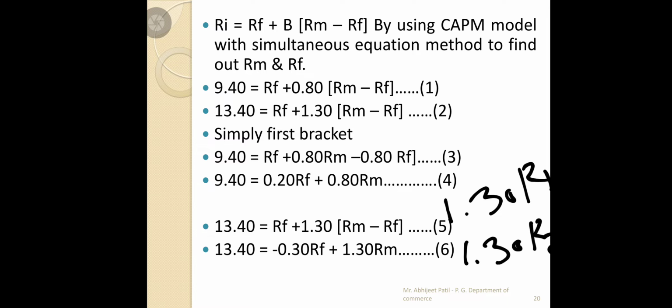Then the left-over portion is 1 RF minus 1.30 RF, so we get minus 0.30 RF, and 1.30 RM as it is. So we get equation number 4 and equation number 6.